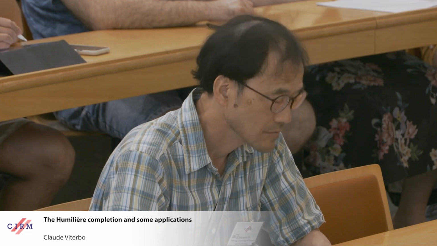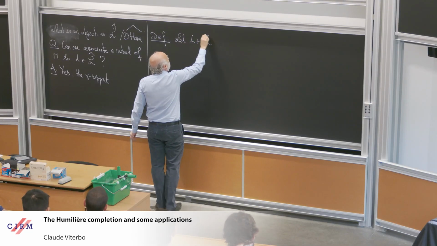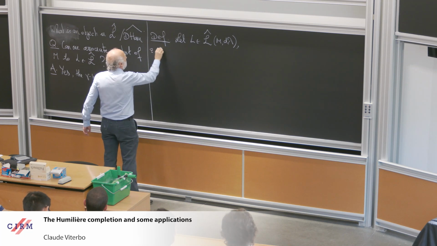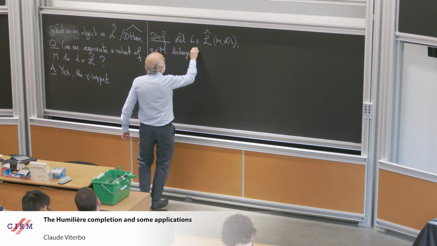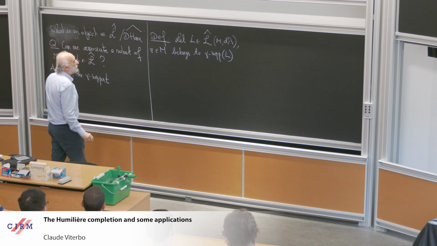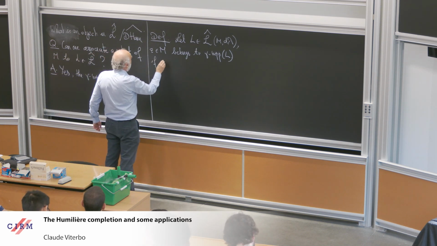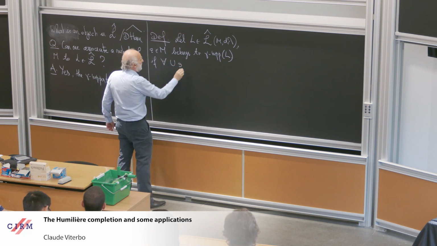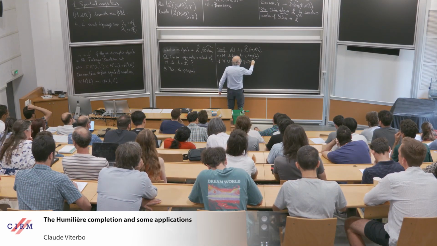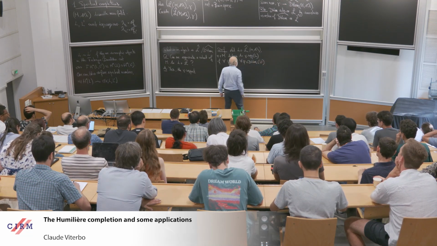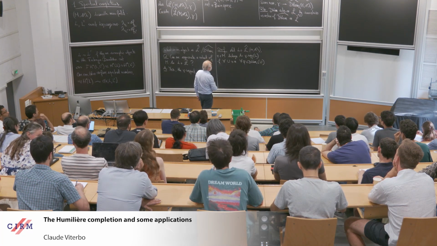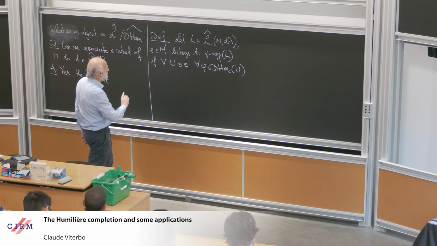So let L belong to L hat of M d lambda. Then Z in M belongs to the gamma support of L, which I denote by gamma sup of L, if for any neighborhood U of Z and any Hamiltonian diffeomorphism compact supported in U... Does not belong.